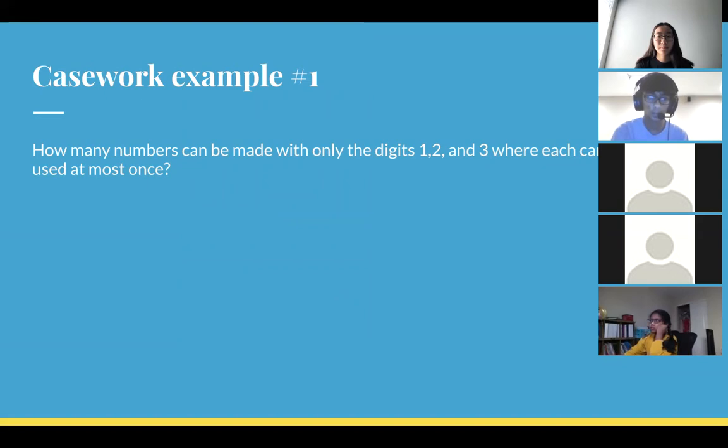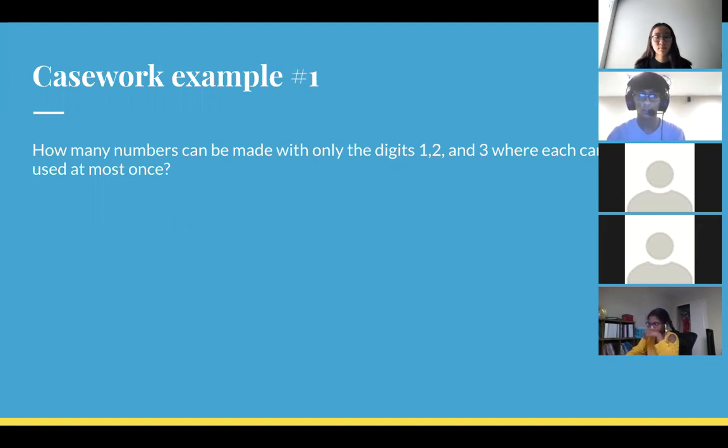How many numbers can be made with only the digits 1, 2, and 3, where each digit can only be used once? Remember, a number can be less than 3 digits as well.